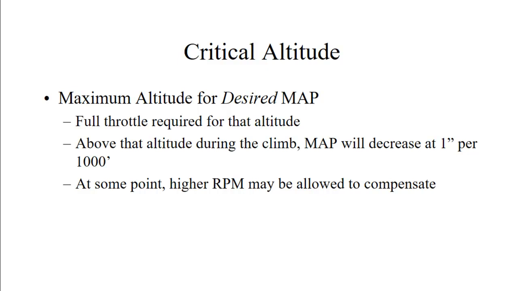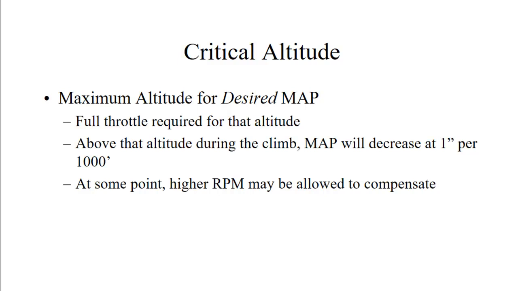So critical altitude again is the maximum altitude for the desired manifold pressure. We can desire a lot of different manifold pressures, and therefore there are a lot of critical altitudes that are possible. Full power in a normally aspirated engine is sea level is critical, because anything above sea level, you're not going to get your maximum manifold pressure. But during the climb, you'll probably get up a few thousand feet before you hit that point.